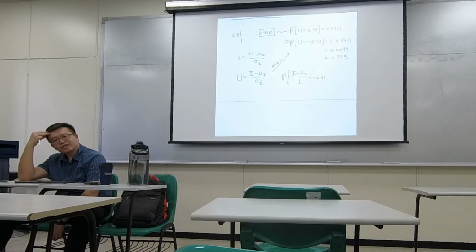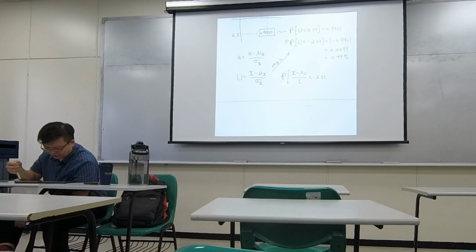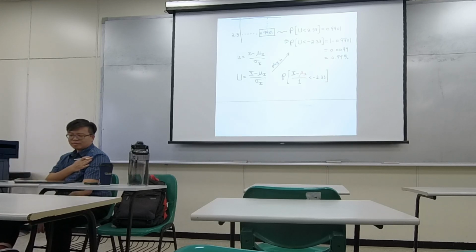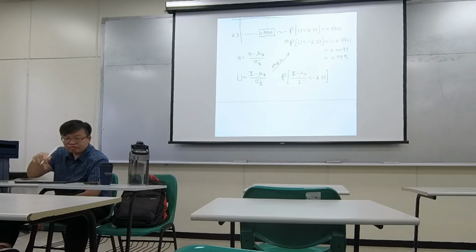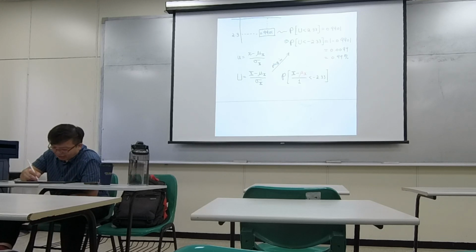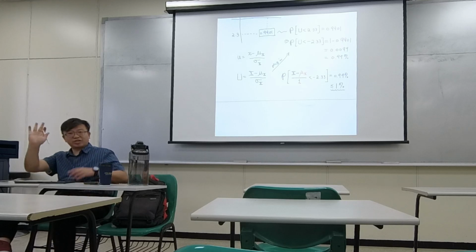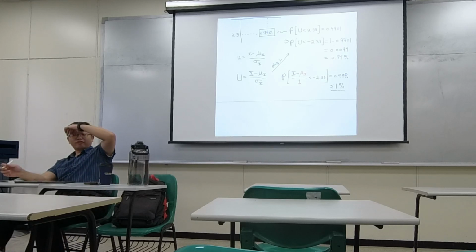Let me see. Okay, I think that works. That works. Yeah. So I will be sure that if I do this, my failure rate would be 0.99%, and it is smaller than my desired 1%. It will satisfy what I'm looking for.